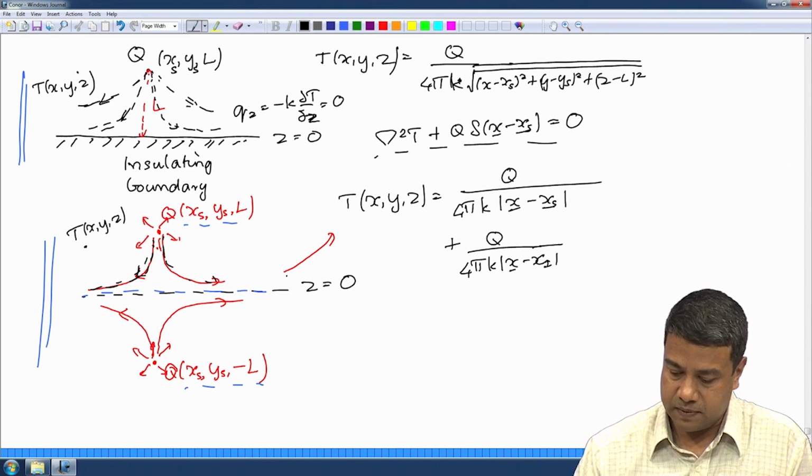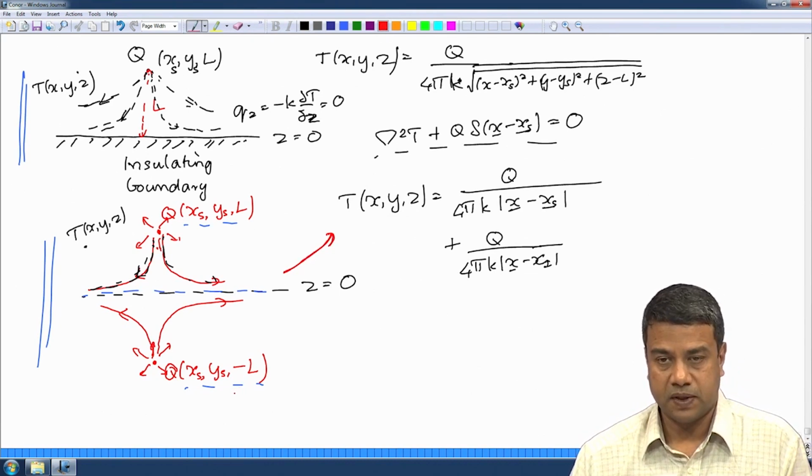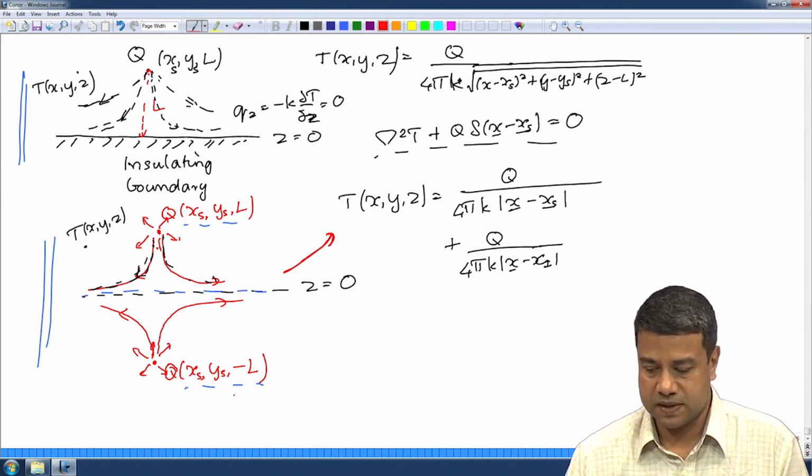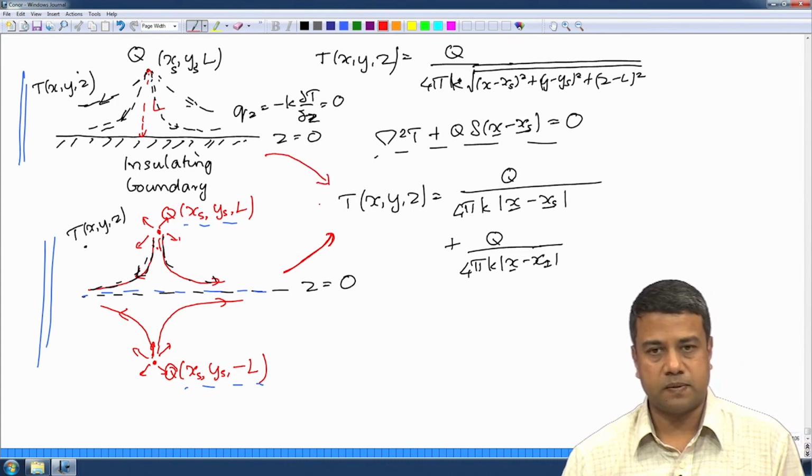That is the solution for this problem. And since this problem has the same equation in the physical space as well as the same boundary conditions as this problem, that is the solution for this problem as well.